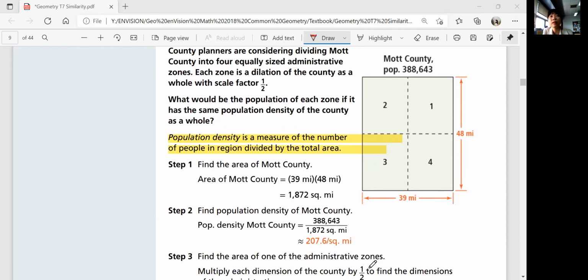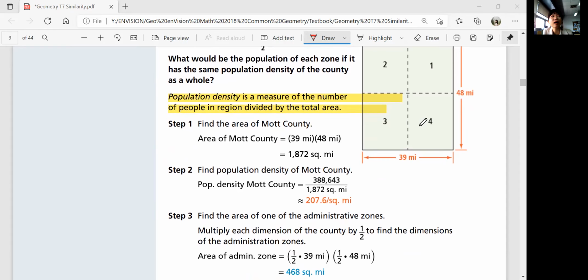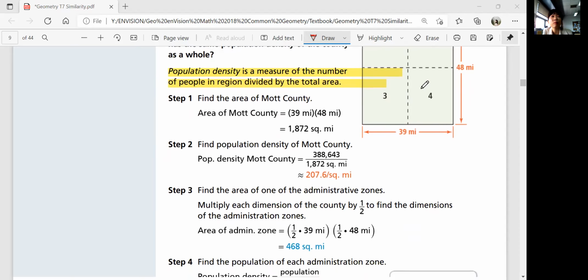So if the population density is the same, you're going to find the area of one of the administrative zones. You can divide the dimensions by 2 and then multiply them to get the area, or you can divide the area by 4 because it's going to equally divide into 4 equal parts.